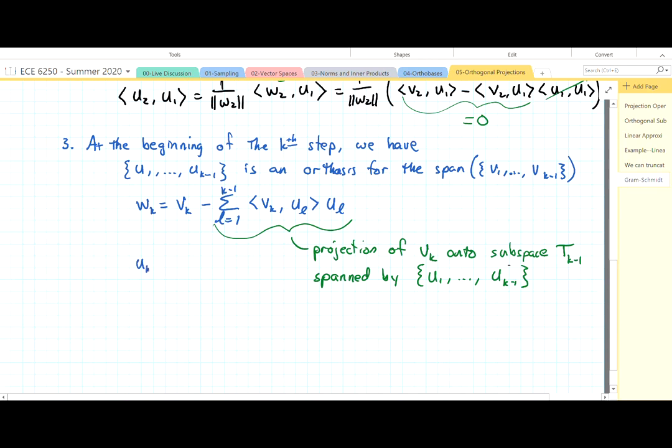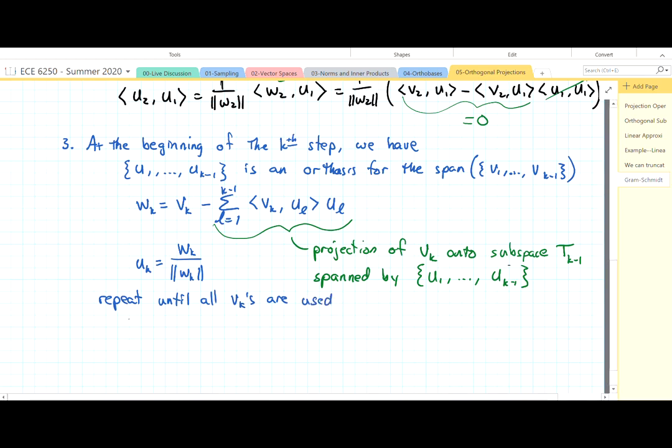And as before, we then say uk is equal to wk over the norm of wk, and we just repeat until all vk's are used.